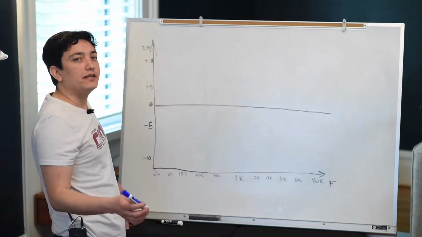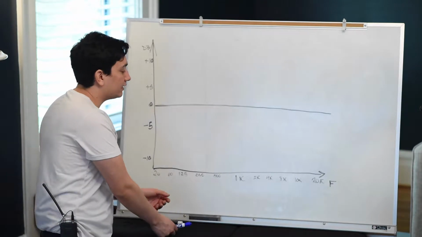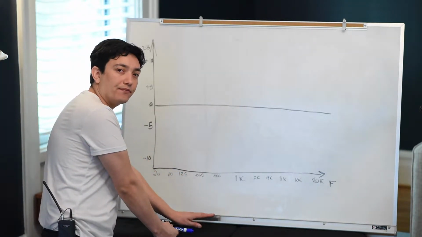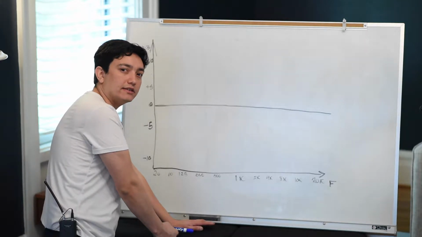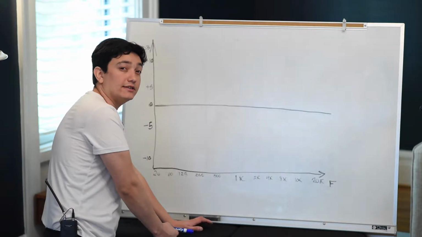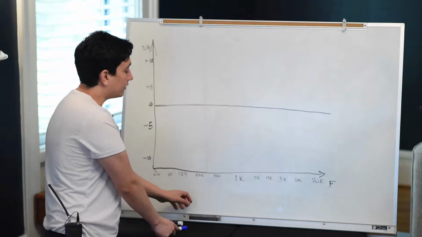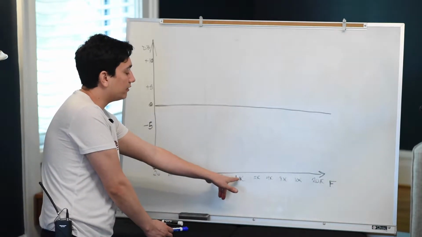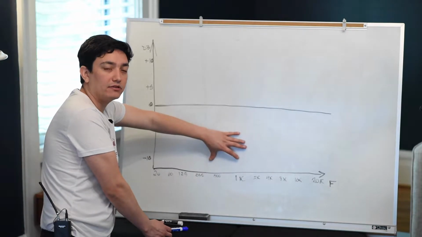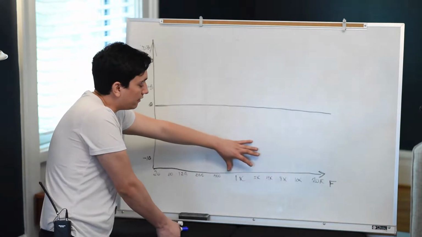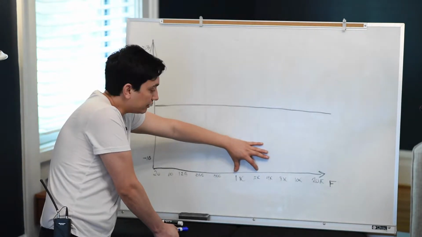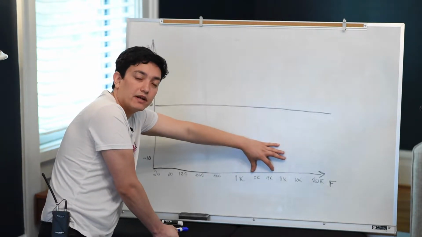In a frequency graphic, it should be logarithmic. I don't know if I say that word right, but that means that in the graphic there is the same amount of space between octaves. So between 1 and 2 kilohertz it should be the same space, and between 2 and 4 should be the same space.